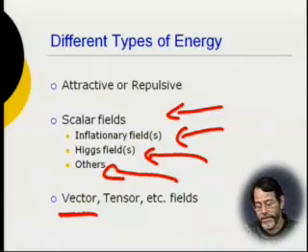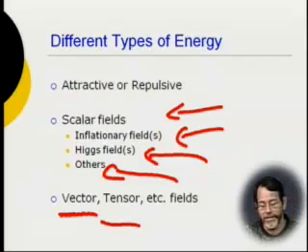So that's a vector, and you can have vector fields as well. What's an example of a vector field? If you take every atom in your room, it not only has a speed and a temperature, but each atom has a direction that it's moving. That could be considered a vector field. You can even have tensor fields, and we're not going to get into that. Even more complicated. You can always make things more complicated.